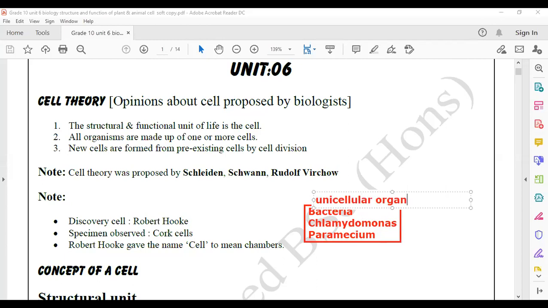Why are they called unicellular organisms? Because their body has only one cell.